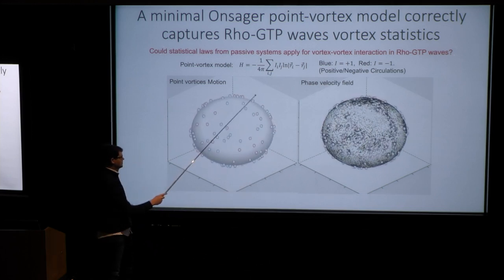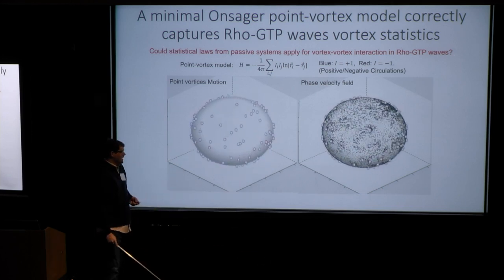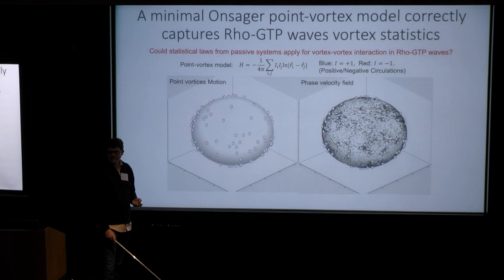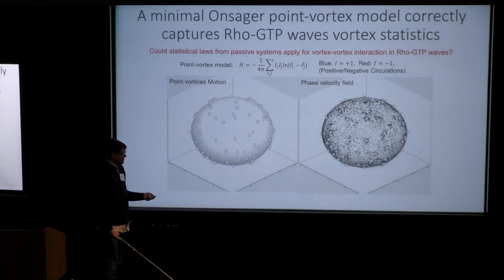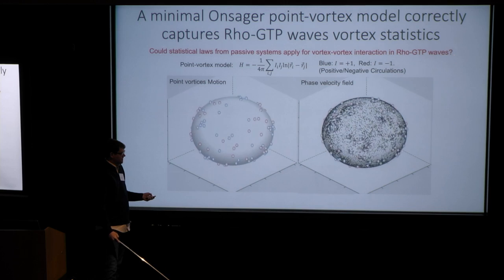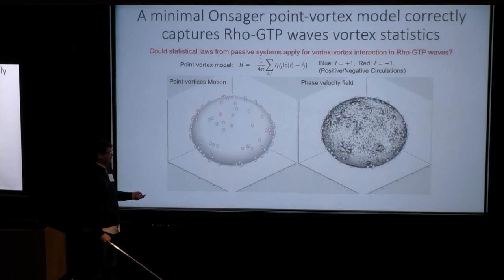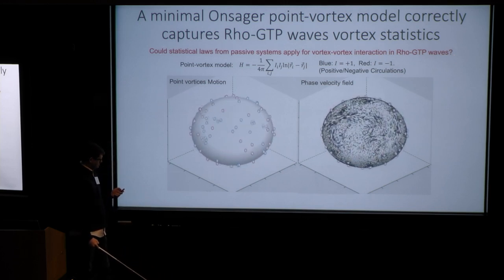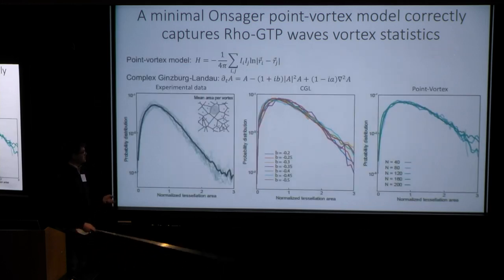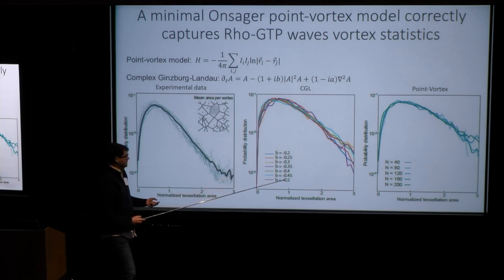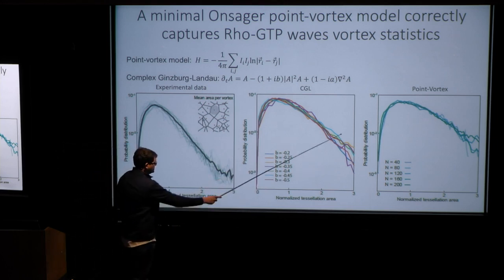Defects of plus or minus 1 charge, as we have in our system. And this represents, again, probably the simplest case you can have for one of these systems, point particles interacting. And once again, you observe here very similar statistics.